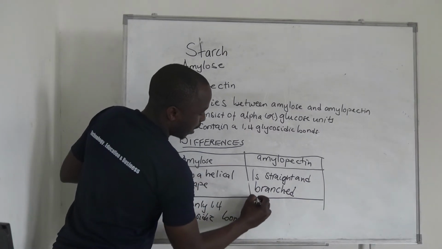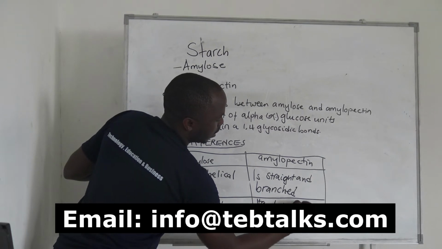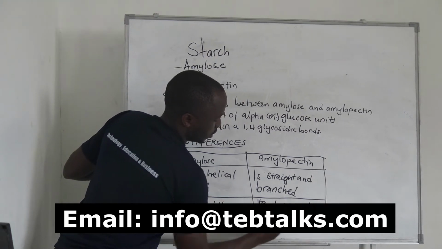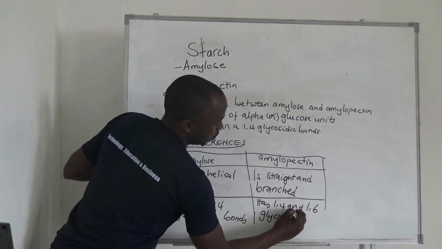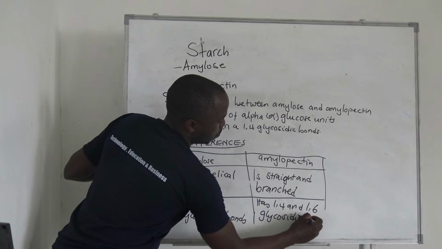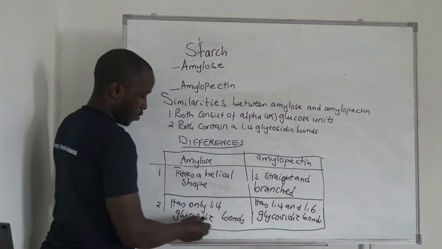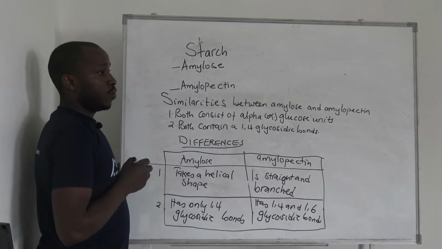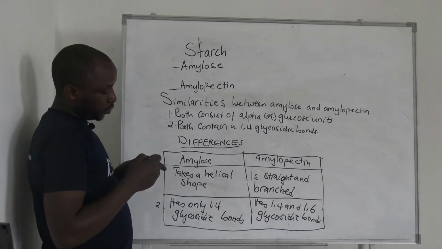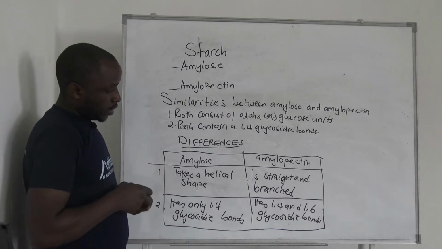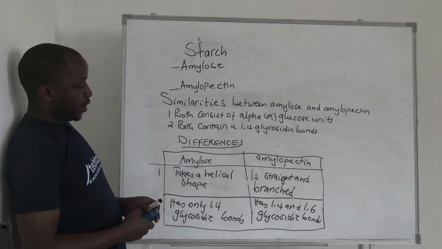Amylopectin has 1,4 and 1,6 glycosidic bonds. That's the comparison between amylose and amylopectin.